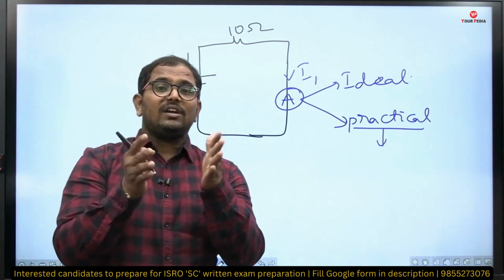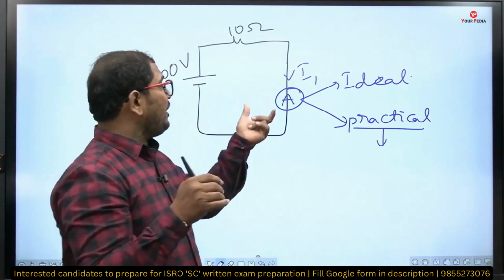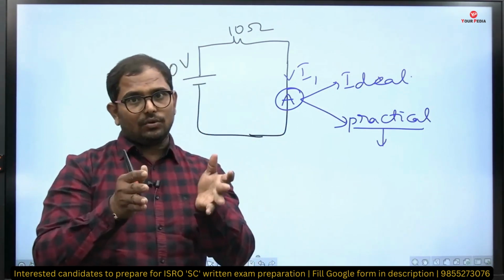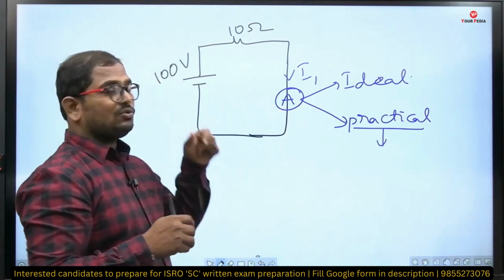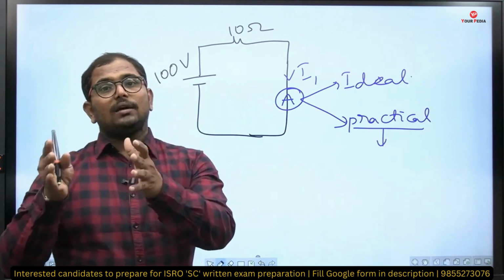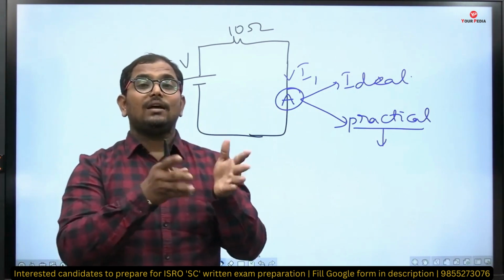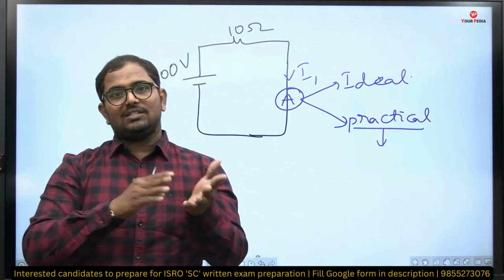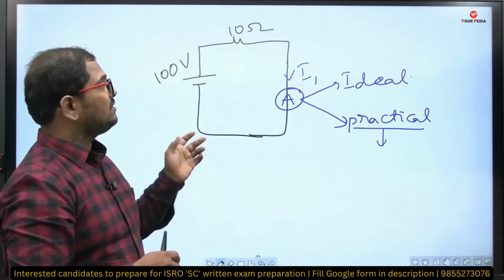Because of the deviation between the true value and actual value, once we introduce the ammeter into the circuit, this ammeter creates some loading on the source, so the actual value of current flowing through the circuit will be less than the true value. Because of this deviation, you will get an error in this circuit.